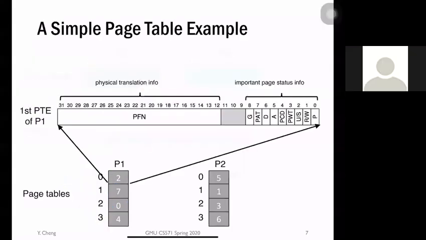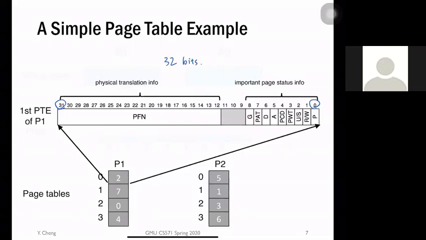Okay, to zoom in on the page table entry, this is how a page table entry looks like. In this example, it shows the very first page table entry for P1's page table. In this case, the size of the page table entry is from the low bit, which is bit 0, all the way to bit 31, which is exactly 32 bits, right?